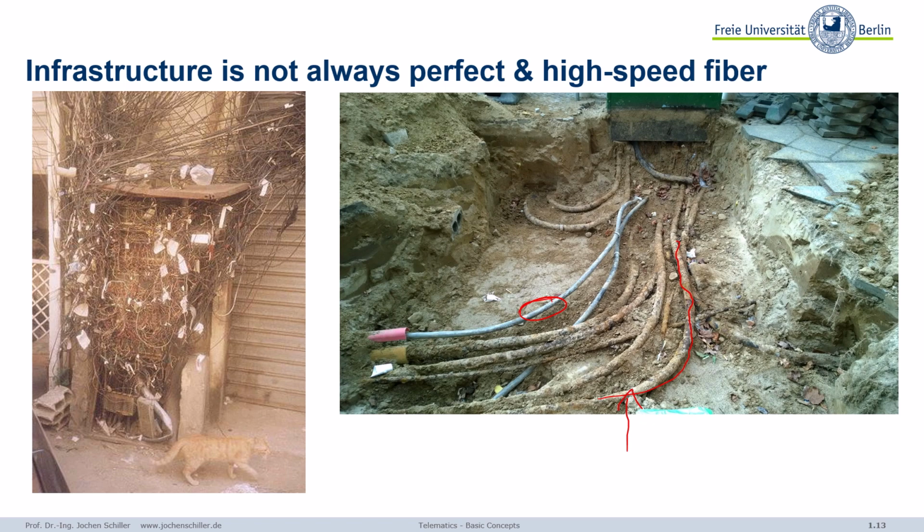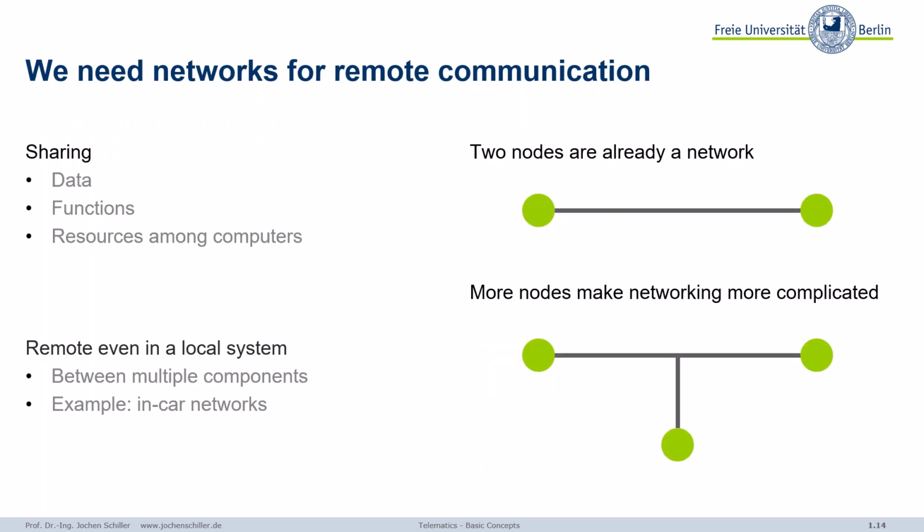So what is the simplest form of a network? Well, basically two nodes connected by a wire or wireless link, that doesn't matter here. They form a network. So that's the simplest form.